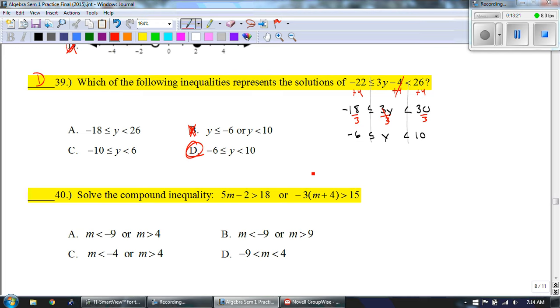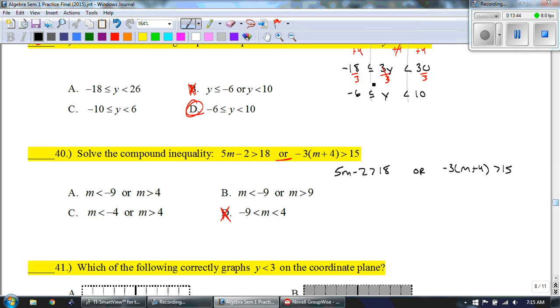Okay, so see in 39 how I said it was an AND, but in 40 there's an OR. Just like that, I can get rid of D because that's not how it's set up. Okay, and I'm going to treat each one of these individually. Excuse me. So for the one on the left, I need to add 2 to both sides.